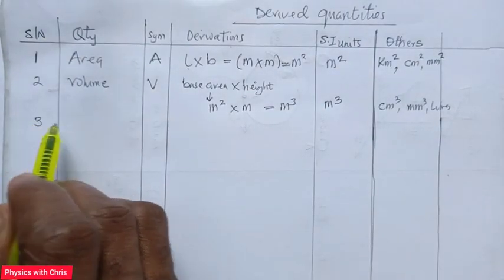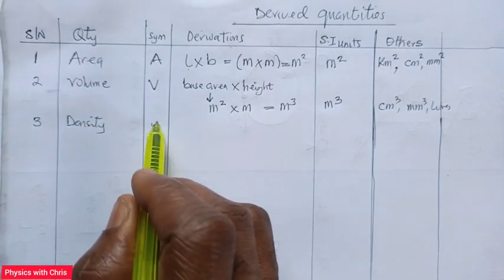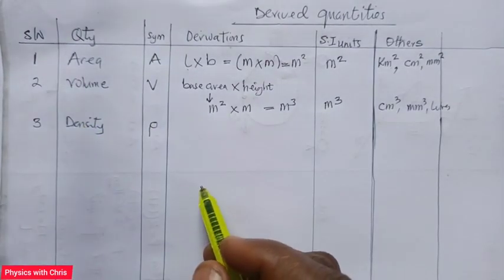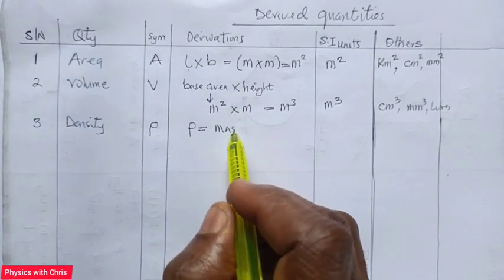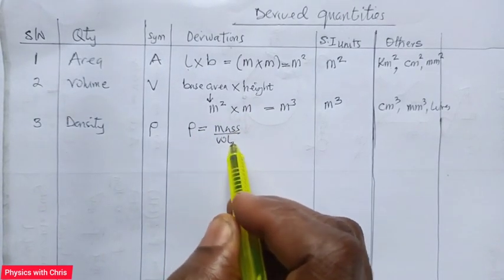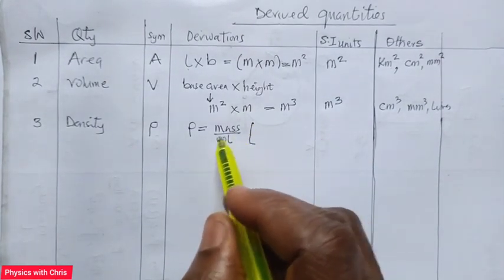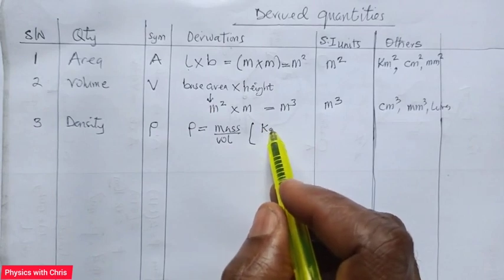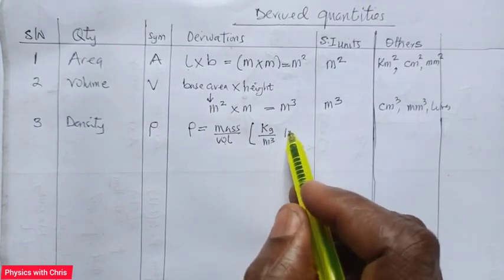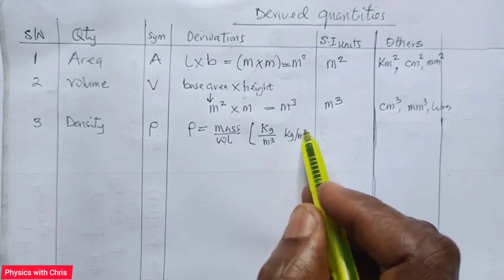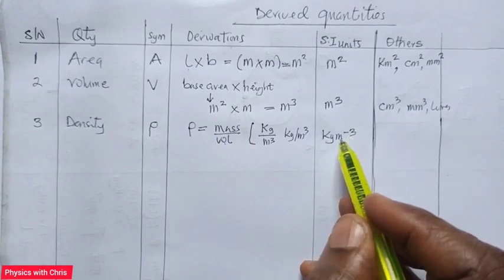Okay, so the third one, I want to write density. The symbol is rho, a Greek letter. Density is defined as the ratio of the mass of a body to its volume. How do we derive the unit of density? We start by writing down the unit of mass, which is kilogram, divided by the unit of volume, which is meter cubed. This can be written as kilogram per meter cubed, or kg m^-3.